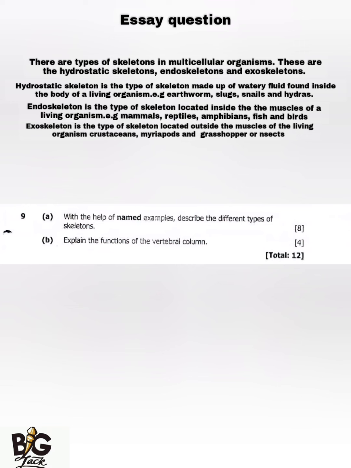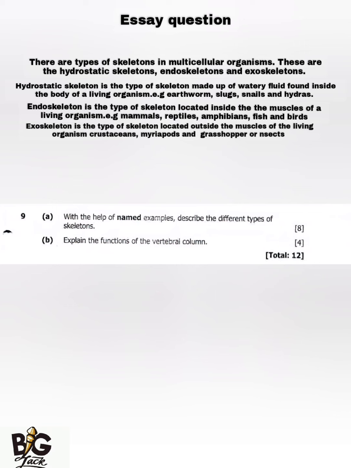I'm going to give you examples of living organisms that have exoskeletons. The first one here I'm going to say crustaceans, millipedes, and grasshoppers, or insects. Let me just say insects.